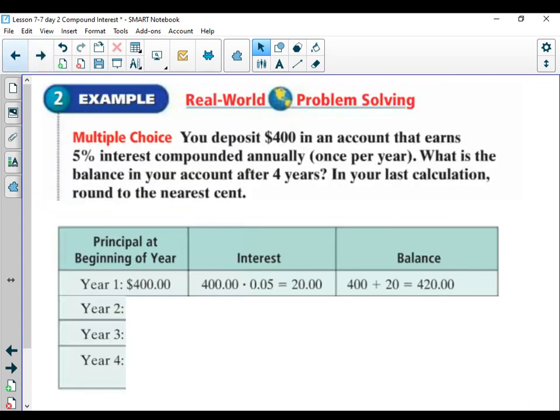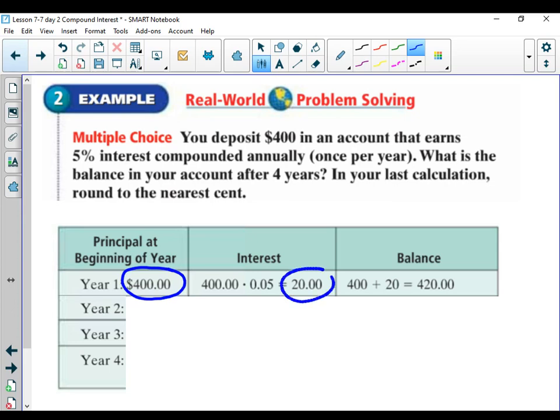Here's what it kind of looks like. So you had that $400 that you were going to try and save for a car when you were 16. Here's the interest they're going to give you. Here's what Mason said. You add them together. One year from now, you could go back and get your $420.